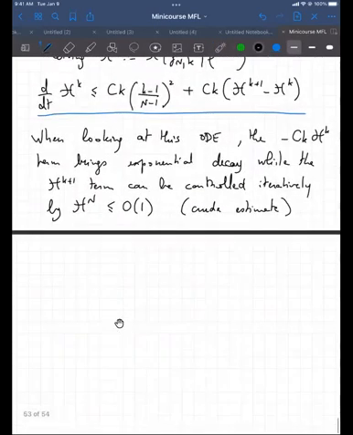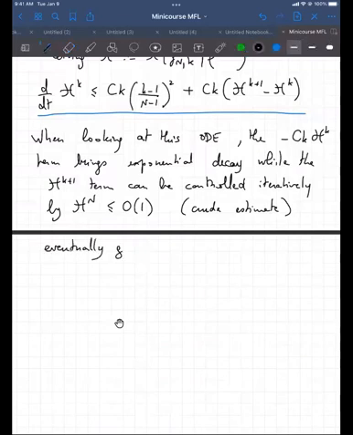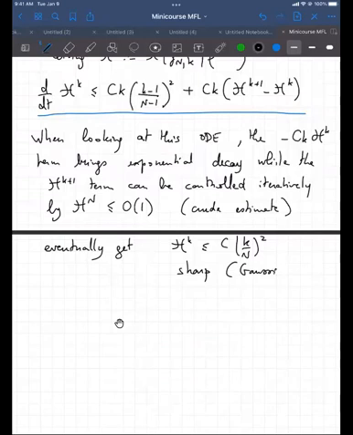So eventually you get hk to be less than k over n squared, which is better than k over n, and which is sharp, as he shows. You can check in some Gaussian cases, you get exactly equality. So you cannot do better than this.